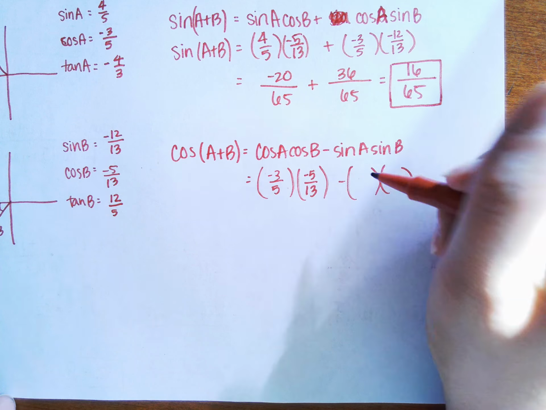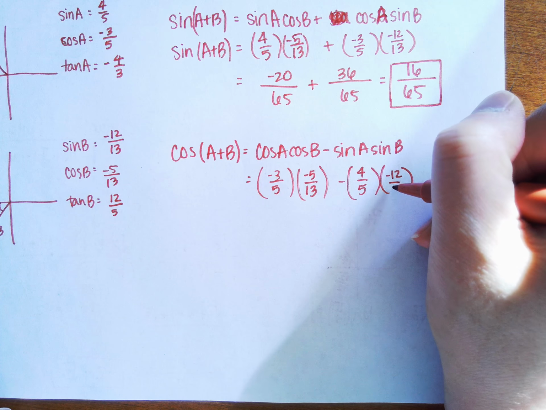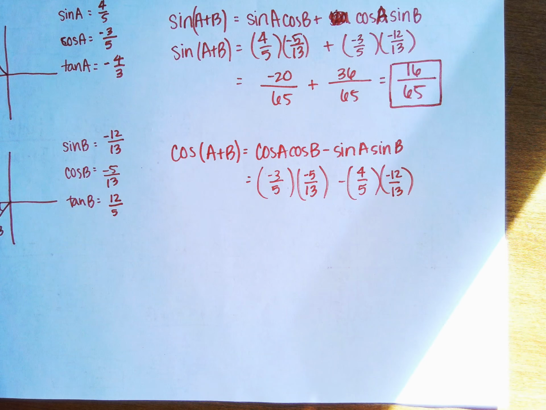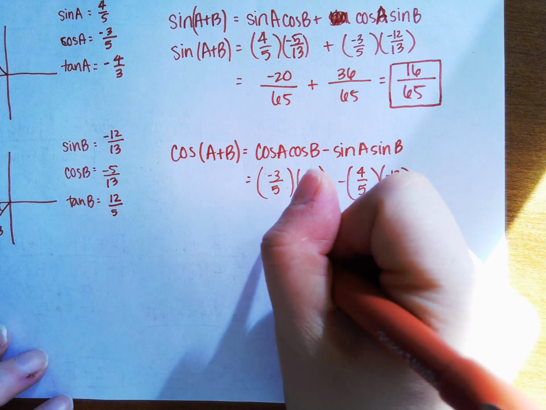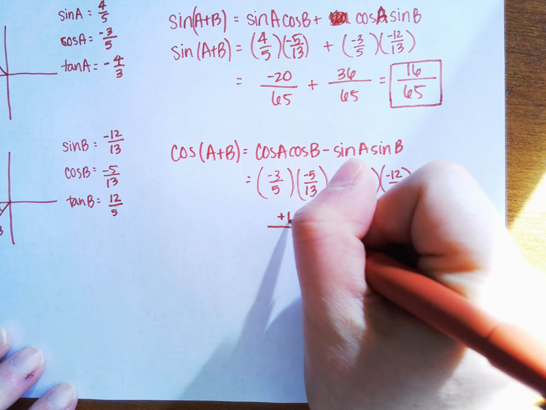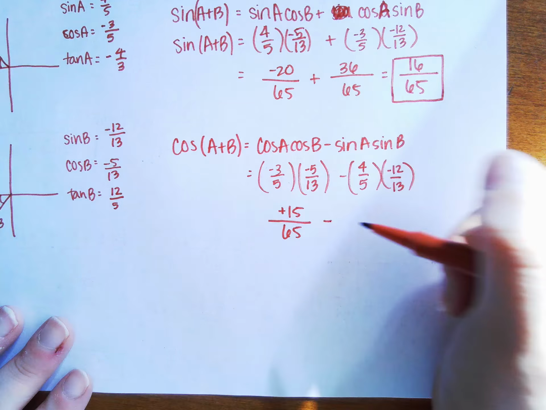The sine of A is 4 over 5, and the sine of B is negative 12 over 13. Now we can simplify, just like above. Negative 3 times negative 5, multiply across, is positive 15 over, again, 5 times 13 is 65.